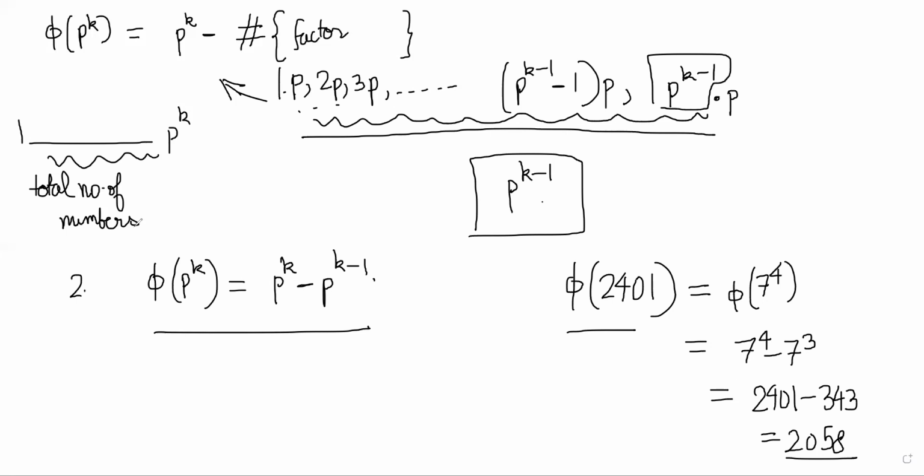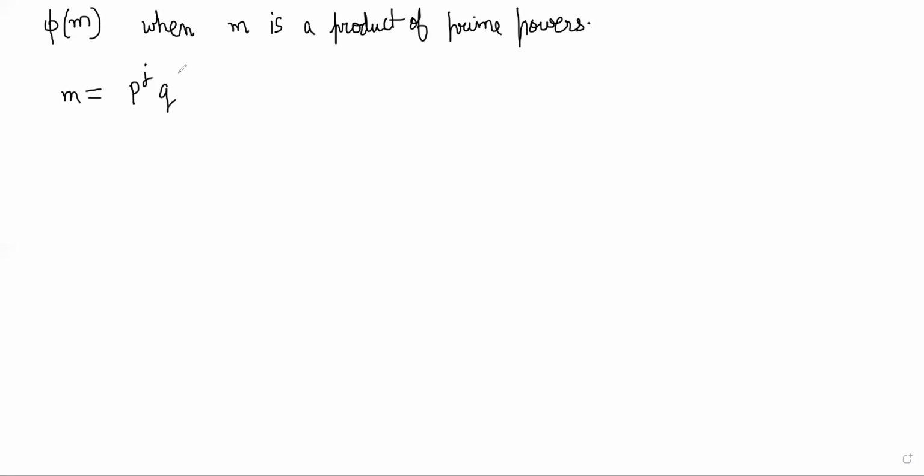Now what we want to find out is phi of m when m is a product of prime powers. Any number can be written as a product of prime powers. So if m is p power j and q power k, where p and q are primes, we want to find phi of p power j q power k.